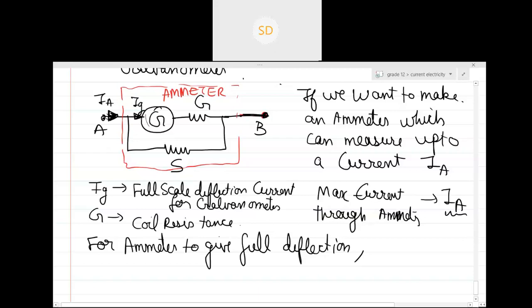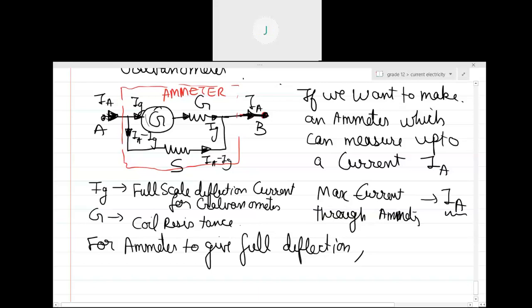So where should the remaining current go? To the shunt S. So basically the remaining current IA minus IG should go over here. This IG should pass through this coil resistance, come over here and then again become IA, right?